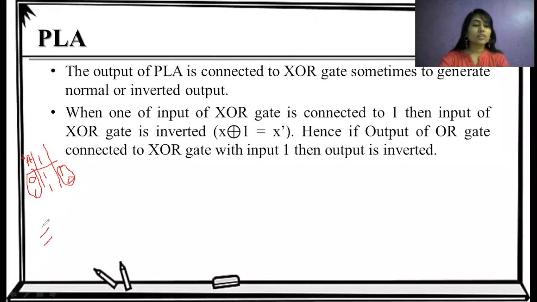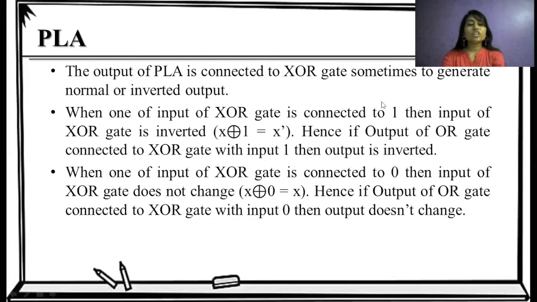We take one example for this. This is the XOR gate. Here we give the output of the logical OR, and here we have either 1 or 0 depending on our requirement. If we have a logical function in inverted form, we use 1, and if we have a logical function in normal form, we use 0. So this is how XOR is used for complemented or normal output logical functions.